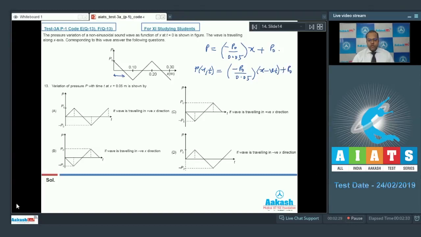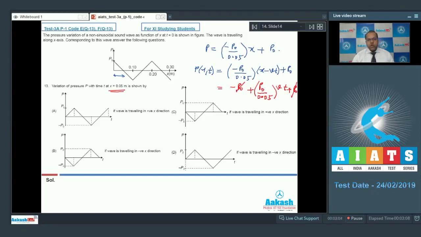If I substitute x equal to 0.05 here, it comes out to be minus P naught plus P naught divided by 0.05 into v into t, plus P naught. So this P naught gets cancelled out.